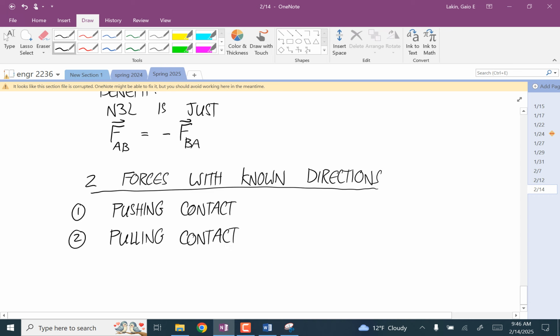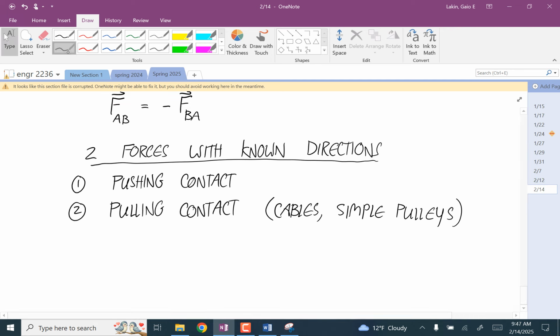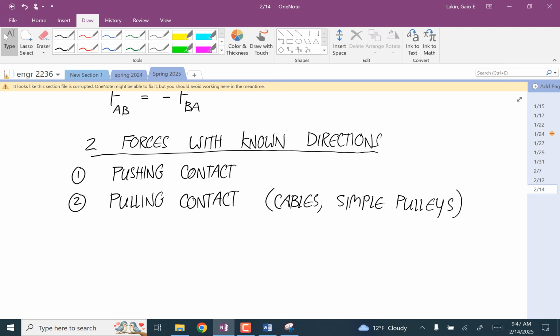With the pulling contact, we're going to think of this as loads applied by cables and simple pulleys. And then I'm going to give you, I guess, really one category of force with unknown directions.